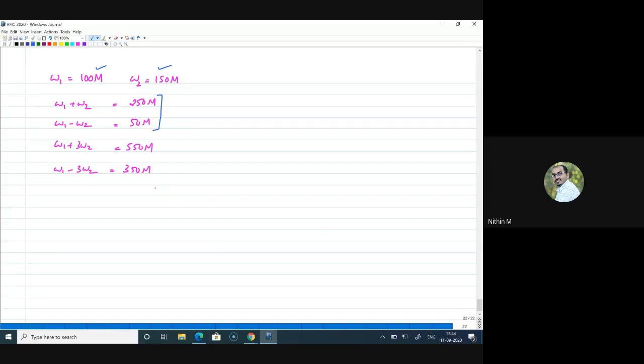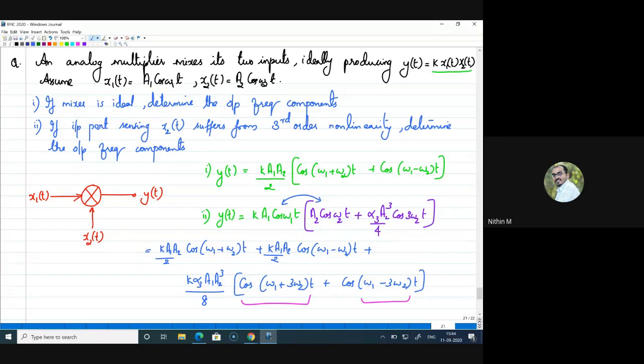But now the filter design will become challenging, because out of the nonlinearity at one of the ports, you are getting a frequency term at 350 megahertz, which is close to 250 mega. Designing a filter to remove this will be a tedious task, right? Just to understand the effect of nonlinearity, I have taken this very simple example.